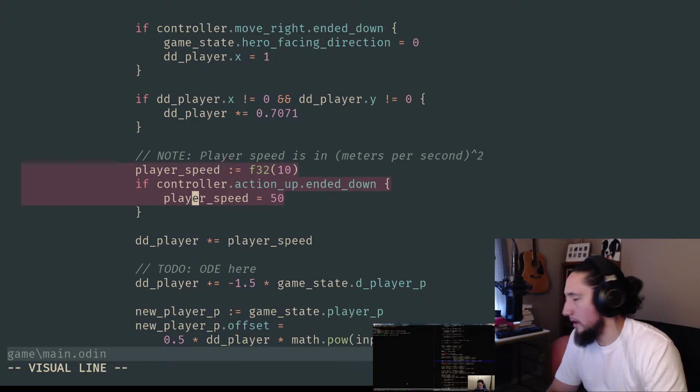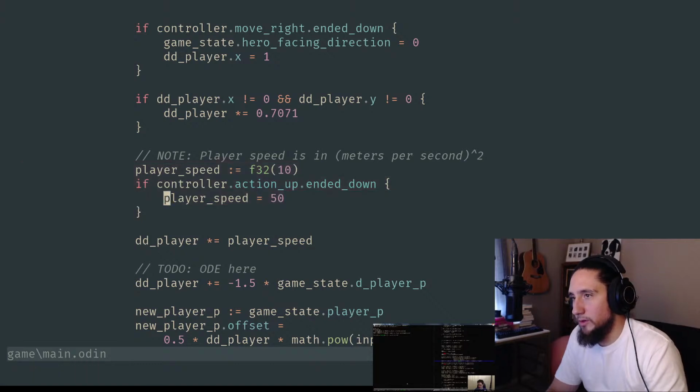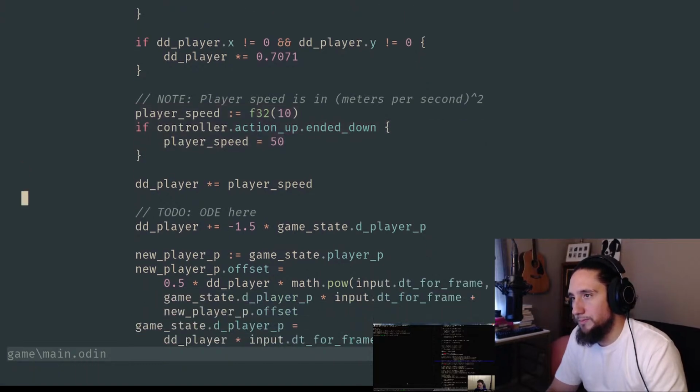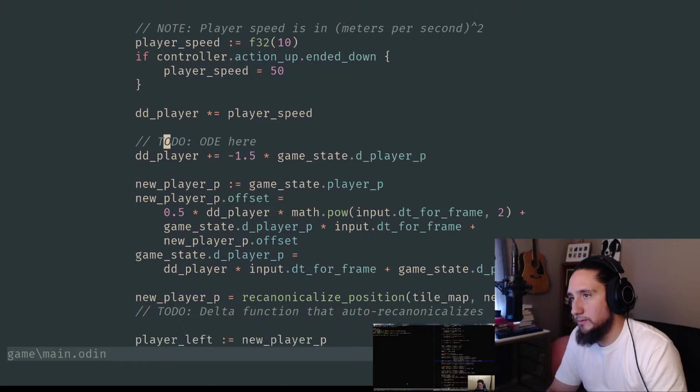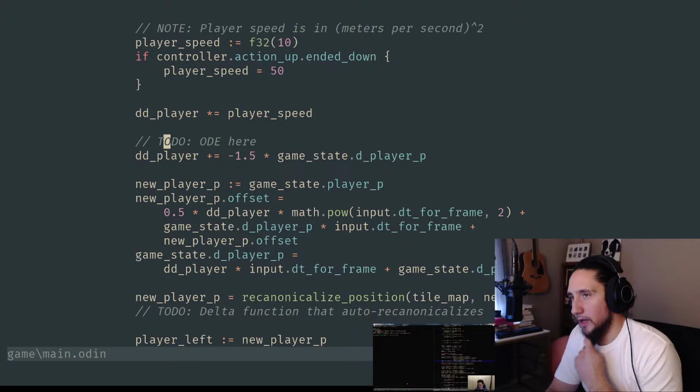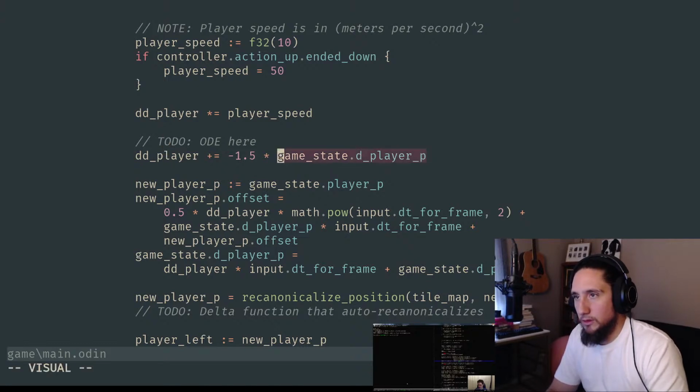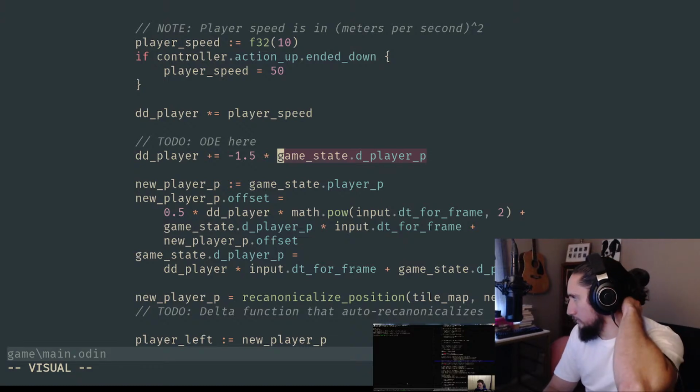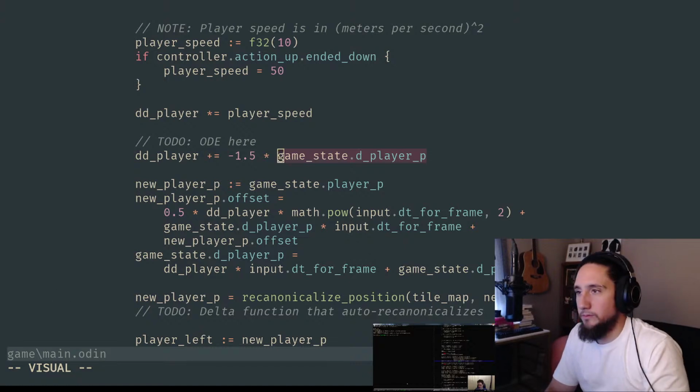Well, yeah, no. We up the player speed to 50 if we have the arrow key down, and we add some friction to the player's acceleration, based on the velocity of the previous player's game state. Those values all look the same.